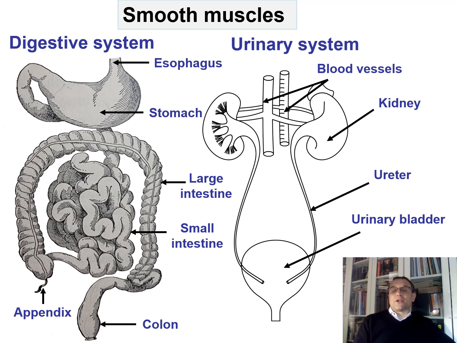Smooth muscle is a type of involuntary muscle. We cannot contract those muscles consciously. We find smooth muscles in our digestive system, in our esophagus, intestines. We find smooth muscles in our blood vessels.